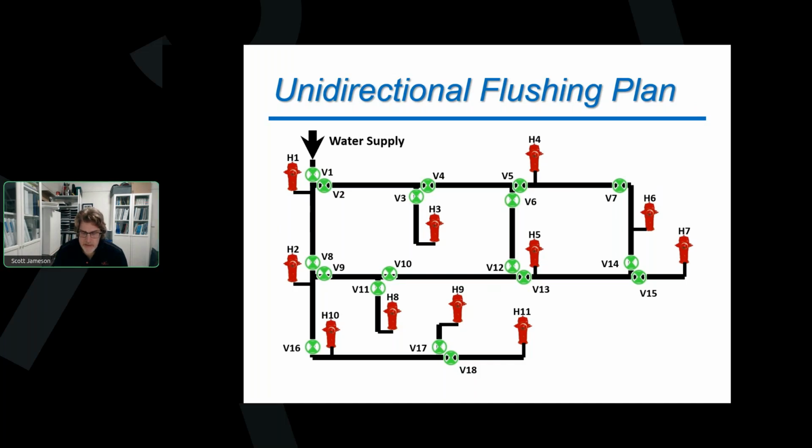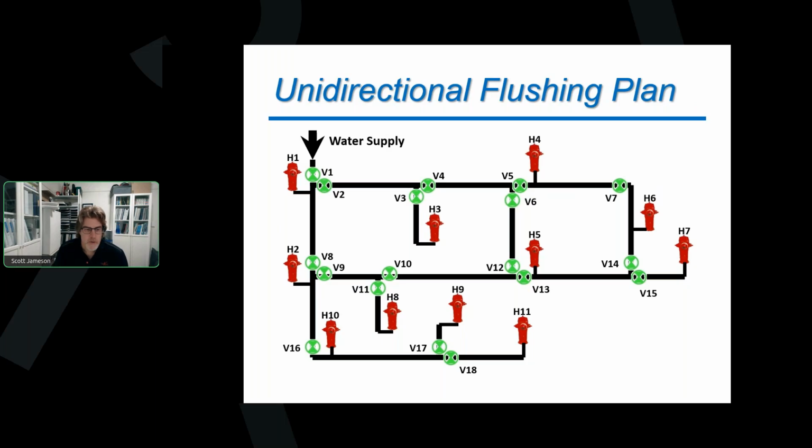Now, one of the key things about a UDF is there is no perfect way. There's no correct way to do it. If you hit all the goals, you have done it correctly. And just because one person does it one way and someone else does it a different way, as far as the plan and the hydrants they use and the valves they close, doesn't make one system better than the other.